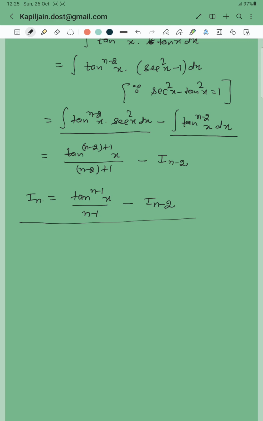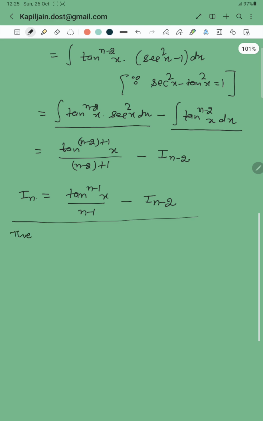Now our next reduction formula is in term of theorem.